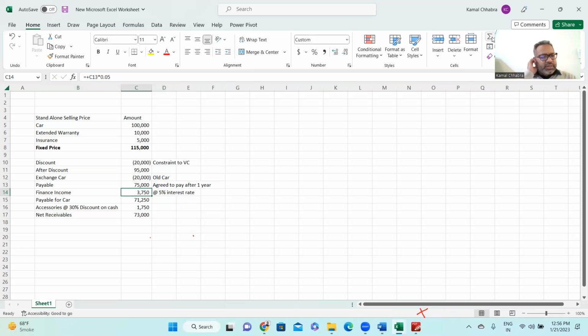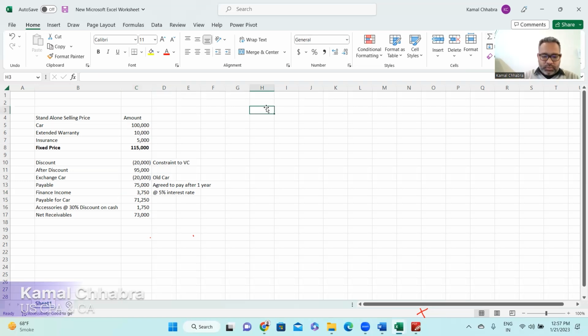Just for simplification, I did this math so as not to complicate it, because understanding the math is not important. Understanding the concept is important. That we are getting 75,000 after 1 year. If you are getting 75,000 after 1 year, that means a significant financing component is involved. Let's assume that financing component is 3,750. So that you need to account for separately as finance income.